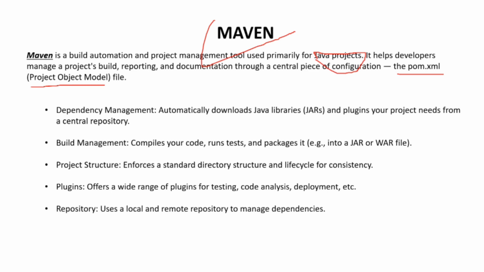What does pom.xml contain? It has dependency management and build management. A Maven project has a very defined project structure, and it has plugins. The dependencies are used to download all the required Java libraries.